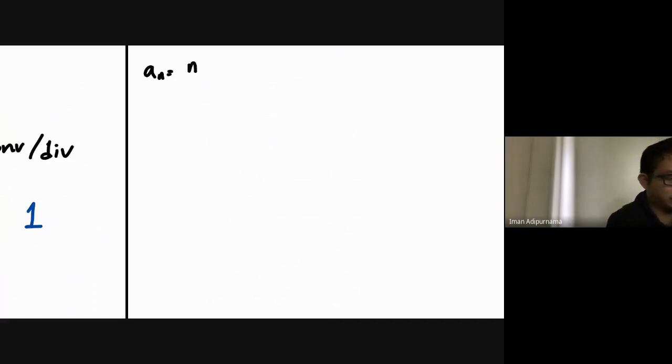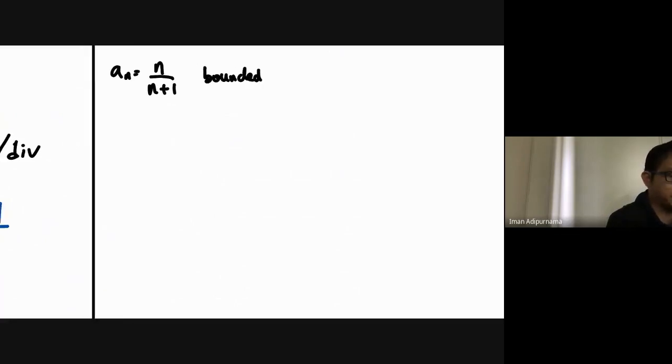If you have n over n plus 1. We already did this before, I think. Yeah, right? This is bounded, right? Bounded to the value 1, right? We draw a line here.